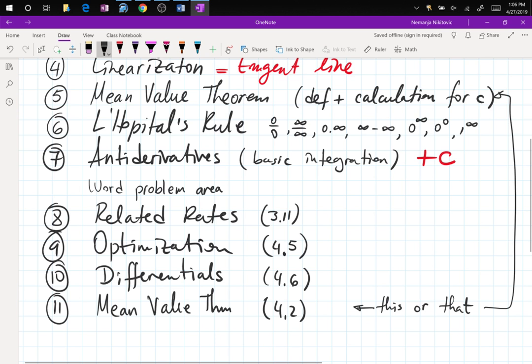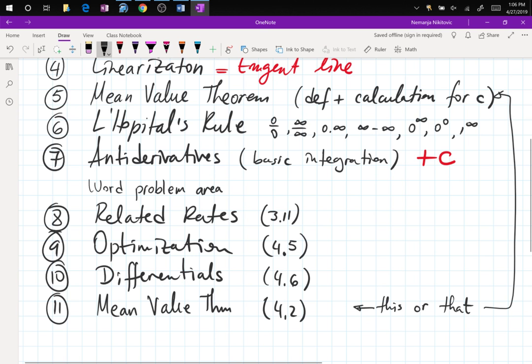And as you can see, 3.11 is listed as well, related rates. So take a look at that. That was there on a previous exam, and it didn't go well. So some of these sections that are the most important sections of Calculus 1, such as chain rule, optimization, u-sub later on, they have to be pushed because you will use those a lot later.